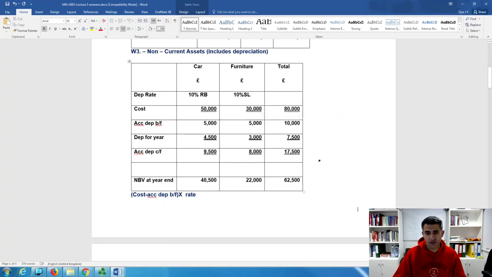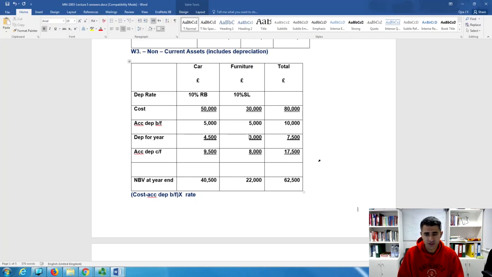Now how can we calculate depreciation using straight line? The way you know it, straight line is cost minus residual value divided by useful life. This is the way we do it, isn't it? So the cost is 30,000 minus residual value. There's no residual value. Divided by useful life. The useful life is 1 year. We calculated only for 1 year.